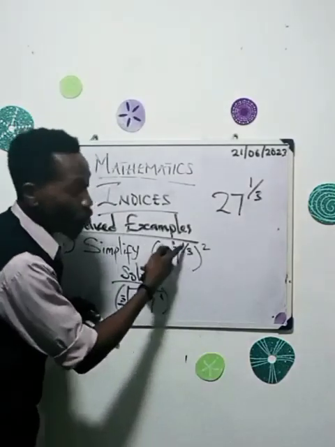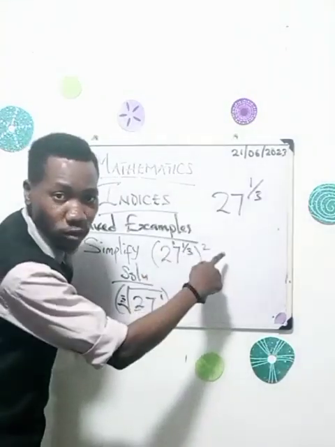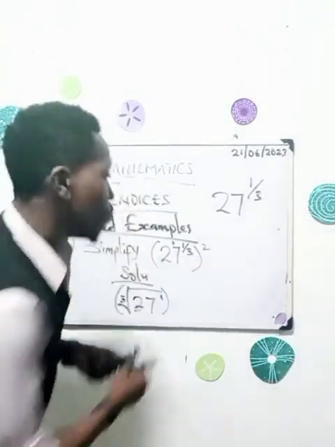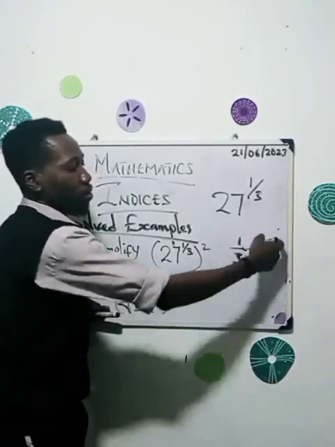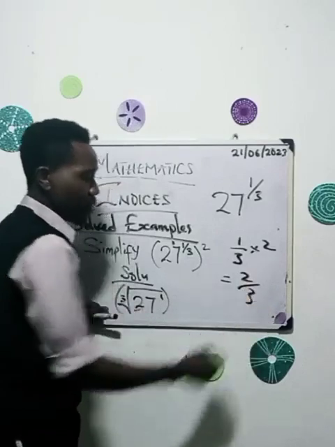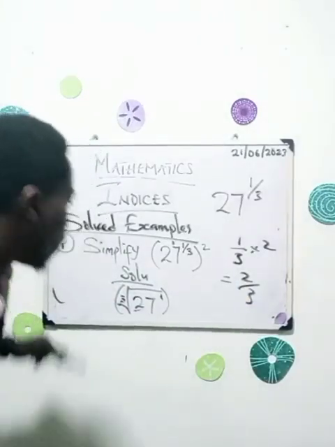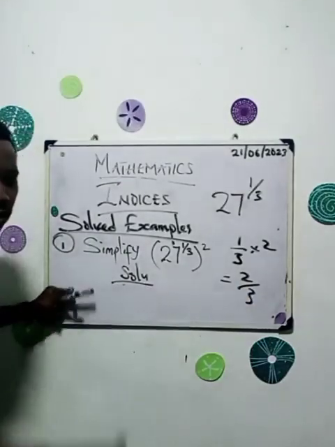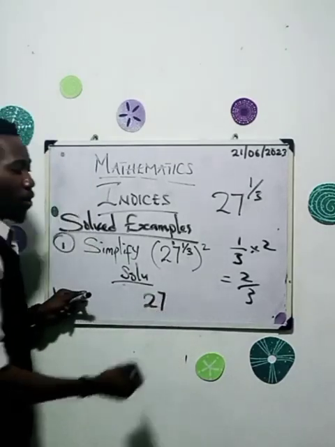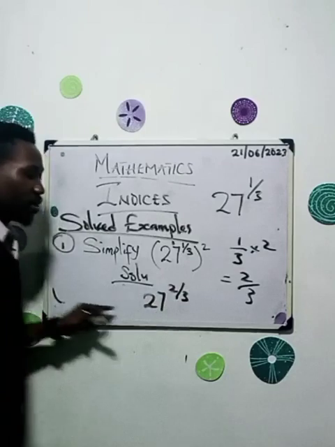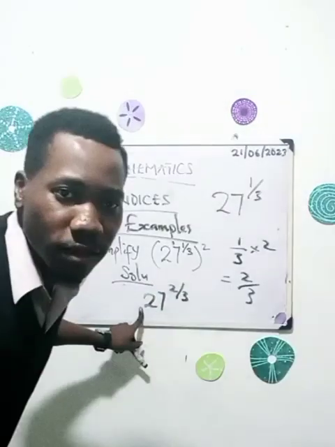So we're supposed to do 1 over 3 times 2. 2 times 1 will give us 2 over 3. So we're going to have 27 raised to the power of 2 over 3. And now we can continue.